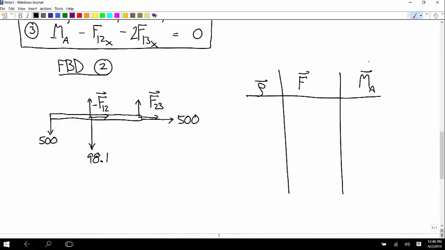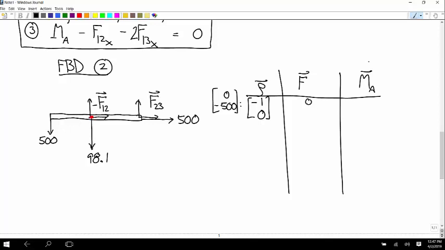I guess I'll do the about point at the center. So the 500 Newton vertical force, the 0, negative 500, has a row vector of negative 1, 0. That's the vector from the about point to the point.